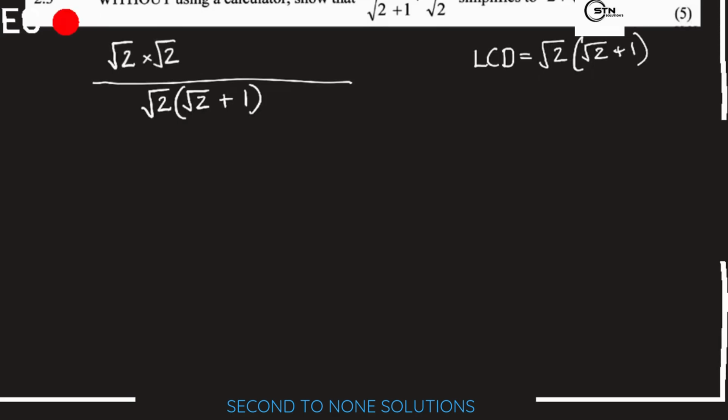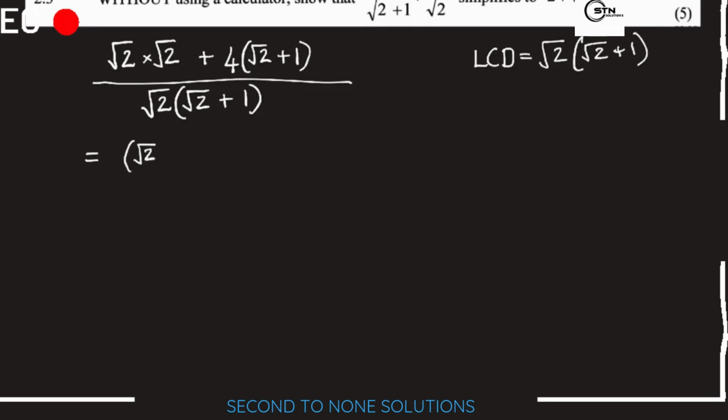So I am multiplying square root 2 by square root 2 because that's how I'm changing it to a common denominator. Then on the other side, I'm just going to show this calculation. It was 4, and I now have to multiply it by the square root of 2 plus 1. So I have shown that step.